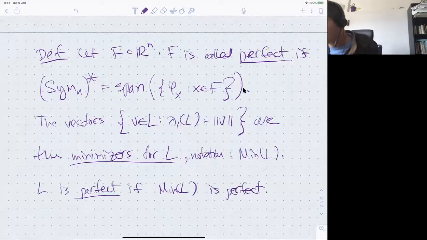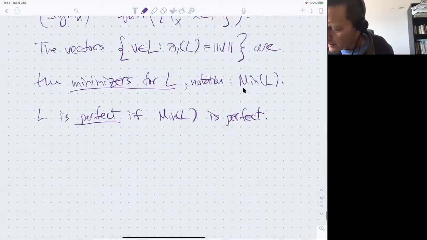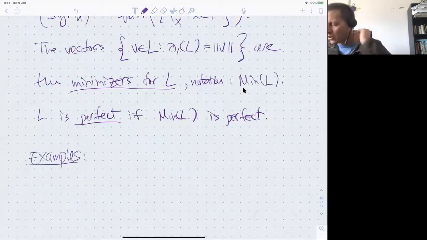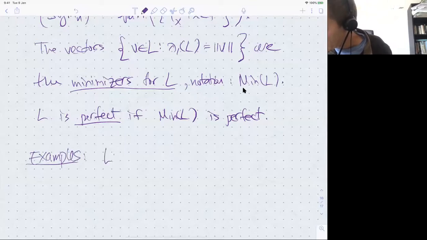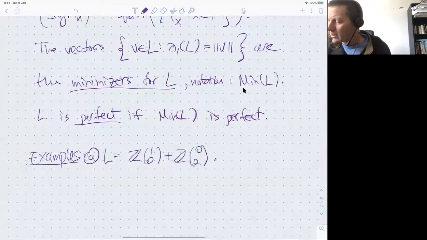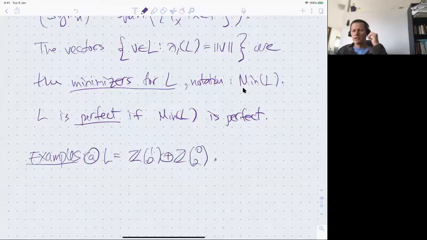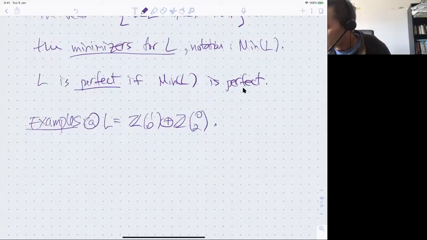Let's do some examples here just to explain this. Let's just work in 2 dimensions so we get the flavor. The first example: the lattice is the integer multiples of the first element of the standard basis plus the integer multiples of 2 times the second element of the standard basis.